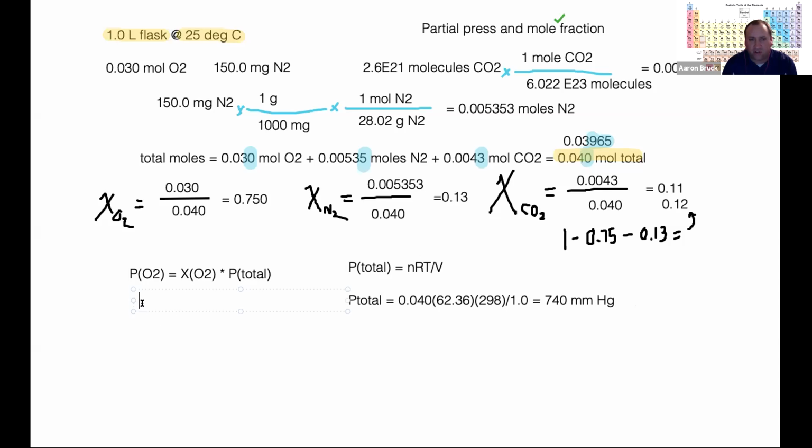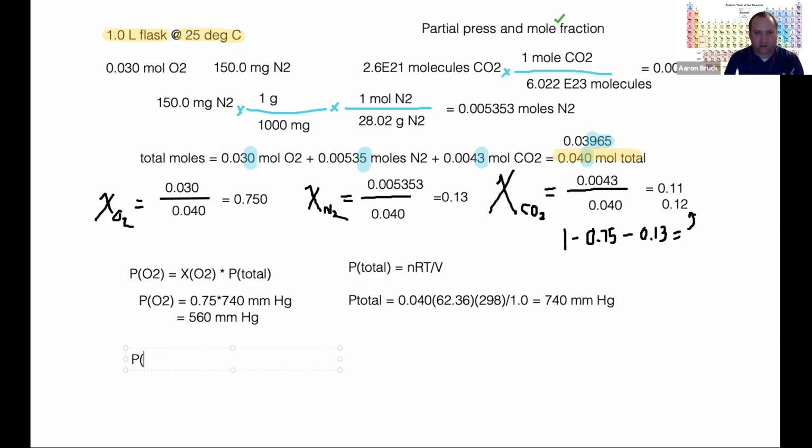So the partial pressure of oxygen is equal to 0.75 multiplied by 740 millimeters of mercury, which would be, all right, 560 millimeters of mercury.